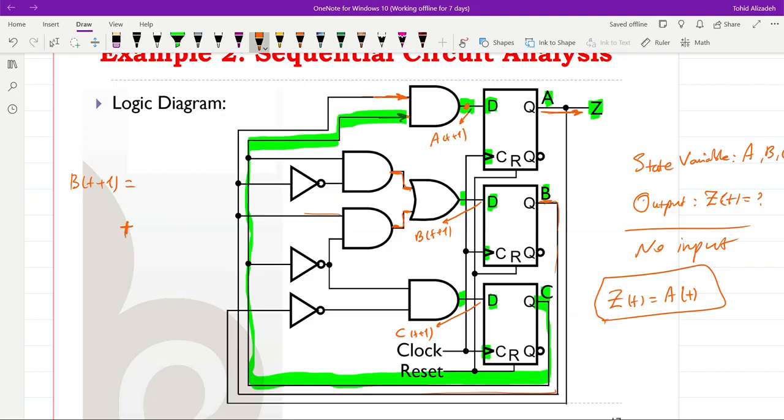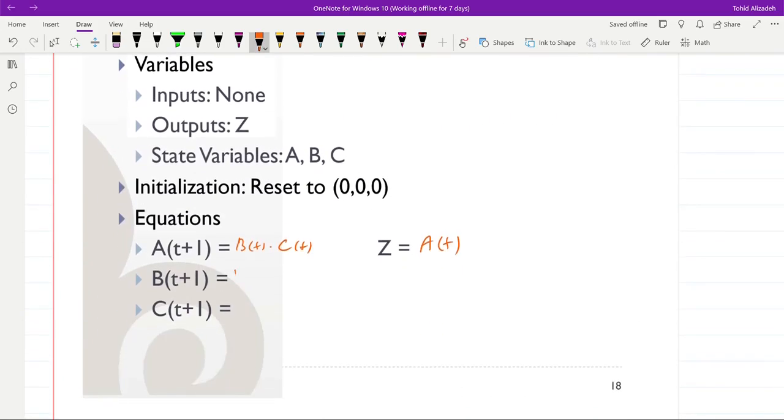The first AND here has the input C, and the output of the inverter is not B. So I will write it here: C and not B. And for the second one, we have B and not C. So B at t plus 1 is equal to B and not C, or not B and C. So basically we have the XOR expression here: B and not C, or not B and C.